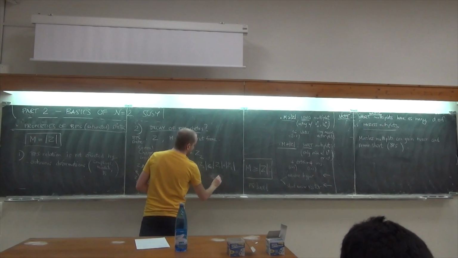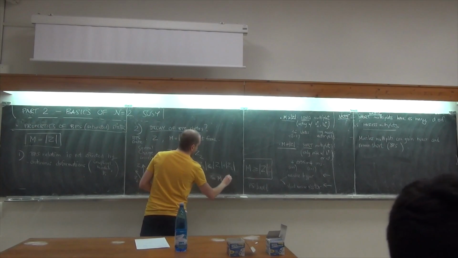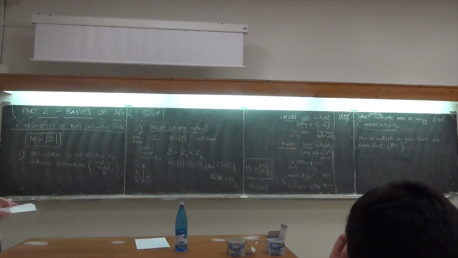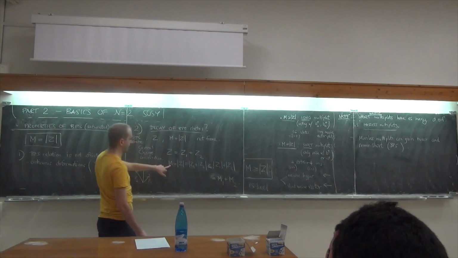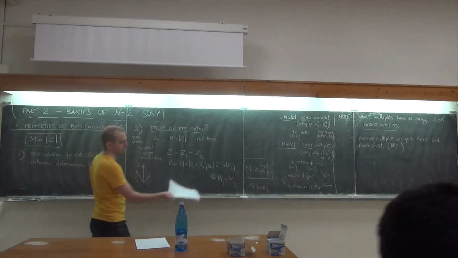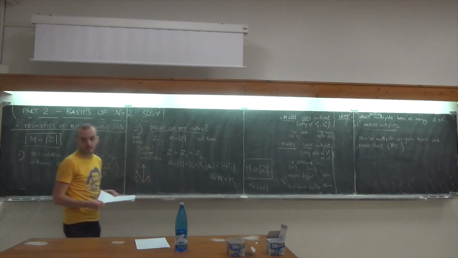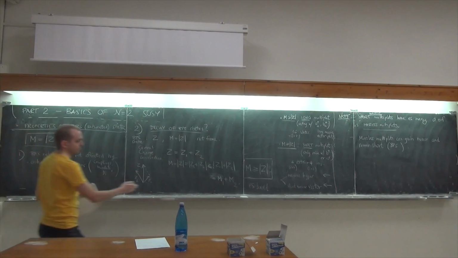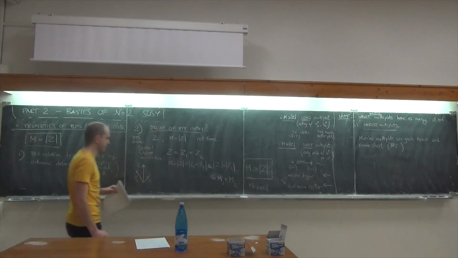And by the BPS bound for Z1 and Z2, we get that the mass of the original state has to be smaller than or equal to the sum of the masses of the decay products. Right now I'm not assuming that the decay products are BPS.